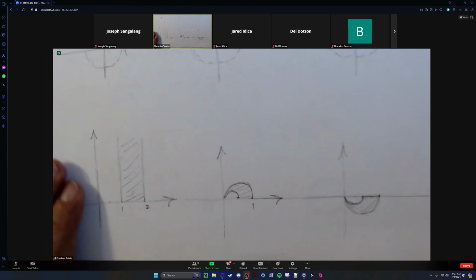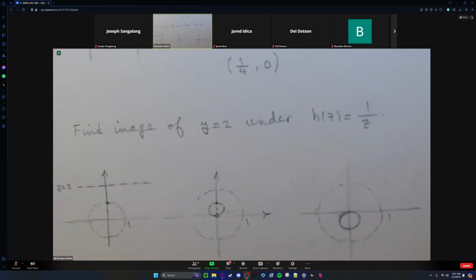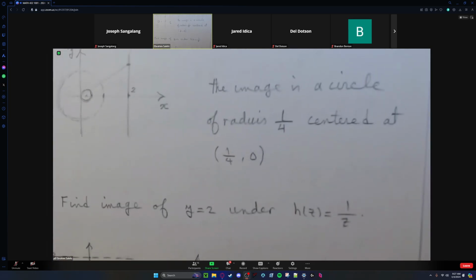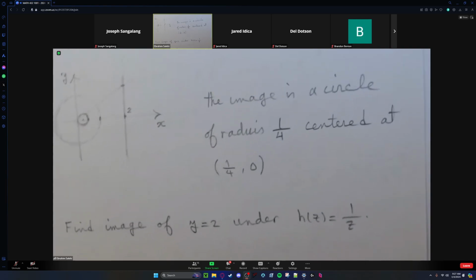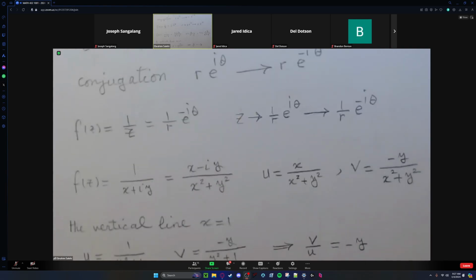So right now, I sort of covered three functions, three mappings. One was the linear function. The other one was z squared.